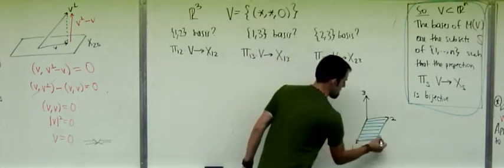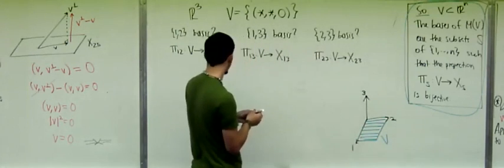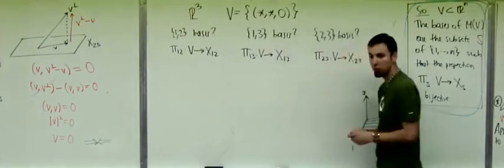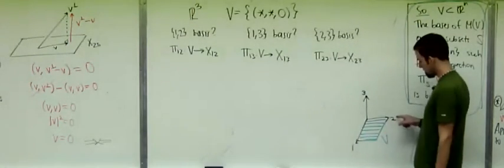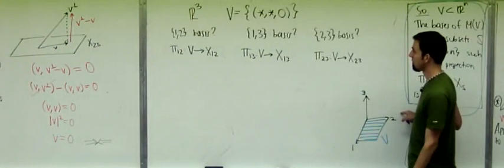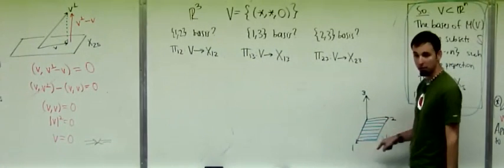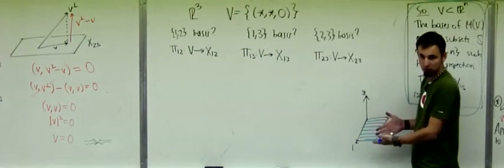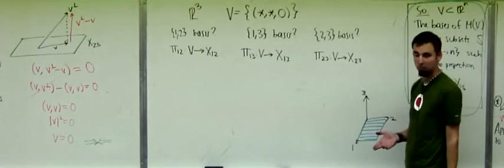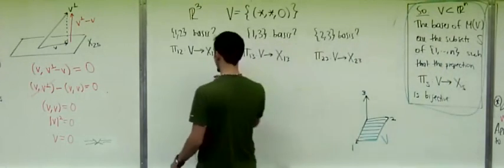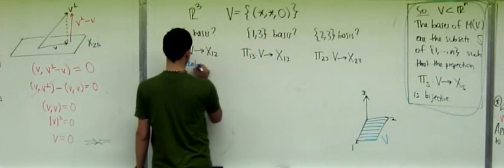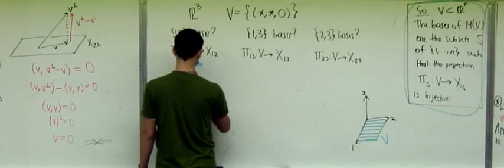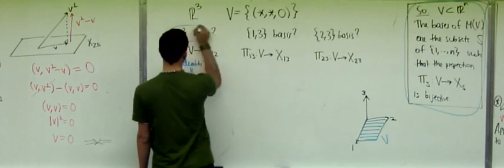This is V. So what happens when I project V onto x12? Well, x12 is the 1, 2 plane. It's V itself. So what happens when I project V onto itself? I just get the identity map. And so it is bijective. And so this is a basis.